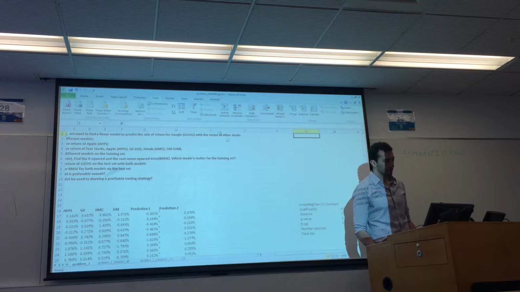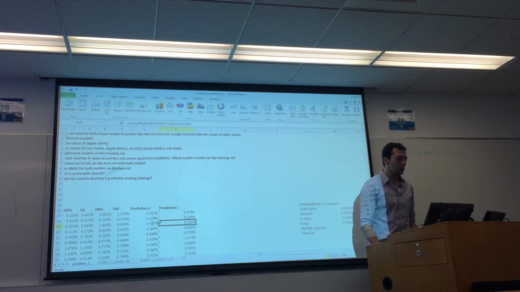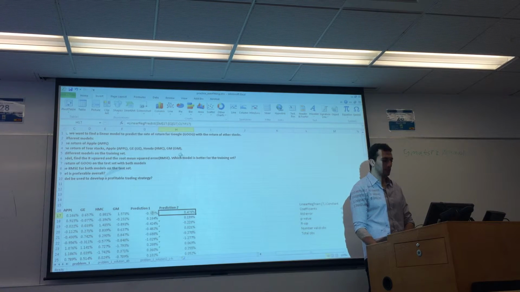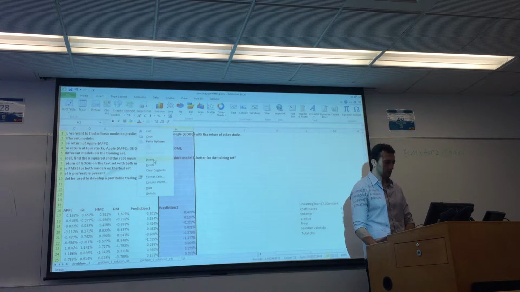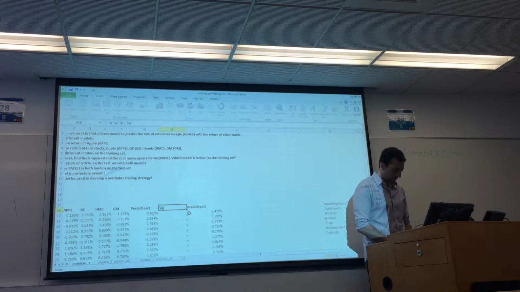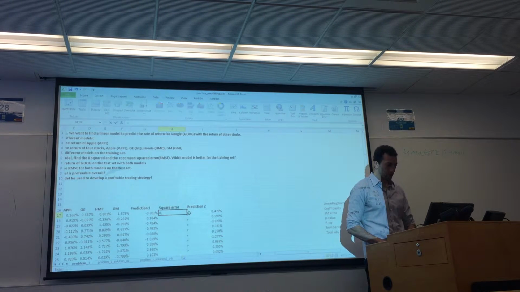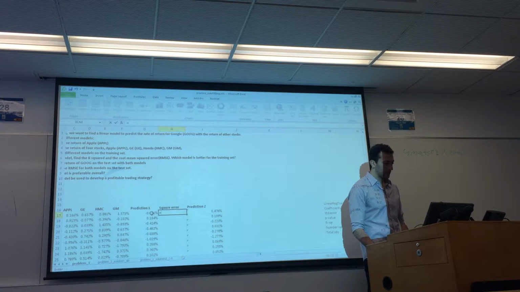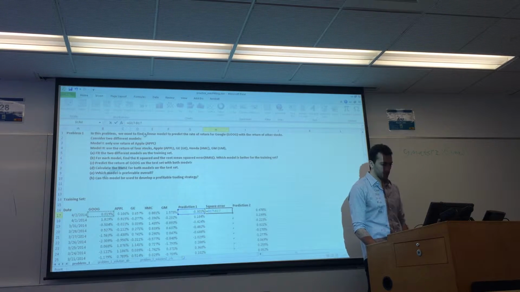Okay, let's continue. So let's start with looking at prediction 1. I want to find the root mean square error. So I will insert another column here, and I will write square error. The square error, like before, is the prediction minus the real. It doesn't matter the order because I square it.